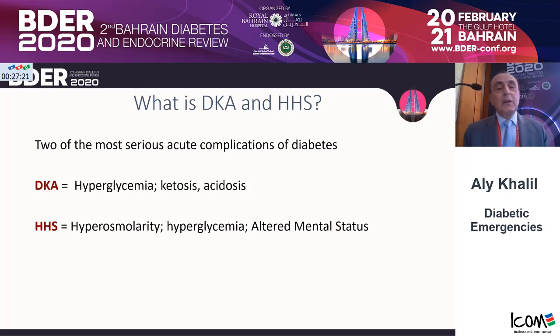Now, hyperosmolar hyperglycemia syndrome, basically you have hyperglycemia, which leads to hyperosmolarity. But the key element here is that because the serum osmolarity is high, there is some degree of altered mental status. So this is, in succinct terms, what we mean by both conditions.